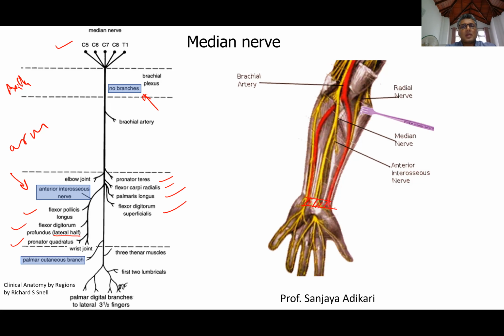We'll come back to the discussion, and therefore it is spared in carpal tunnel syndrome, so that you get no sensory loss over the thenar eminence because of the palmar cutaneous branch. Then the other thing is the median nerve will supply the lateral 3.5 fingers.